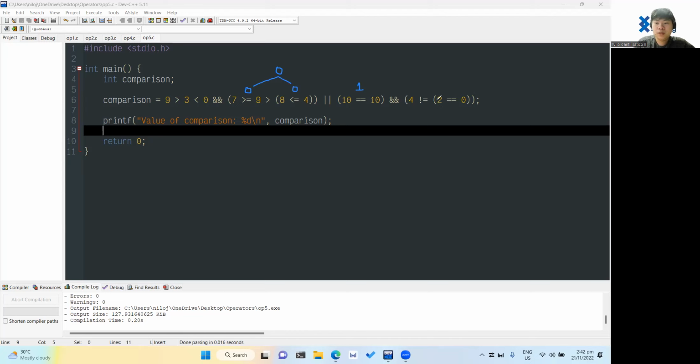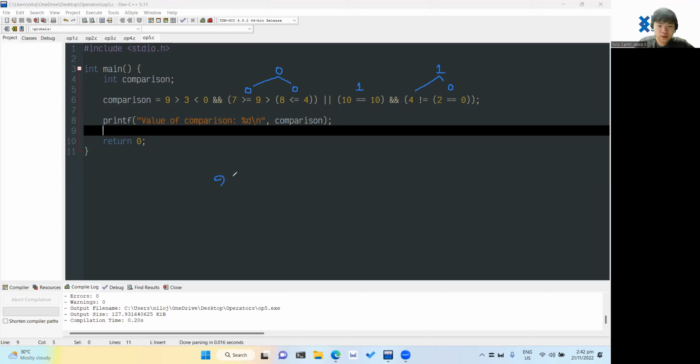And then here, is 2 equal to 0? No. So the answer is false. It gives a value of 0. And is 4 not equal to 0? So since 4 is not equal to 0, that is true. So the answer will now be 1. Okay. So let's try to simplify this further.